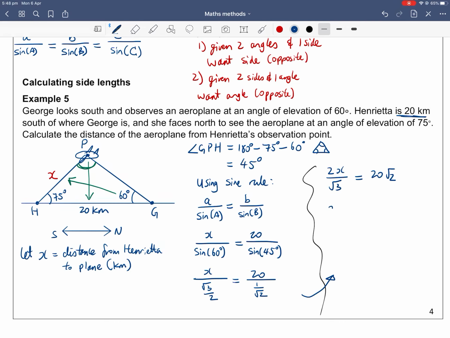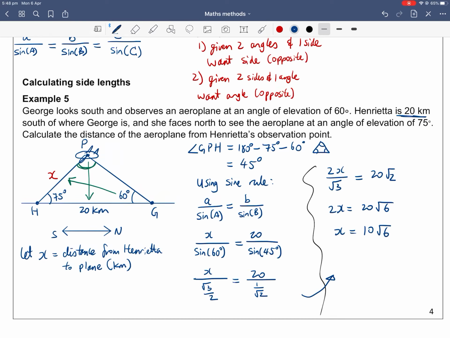We're trying to solve for x, so let's rearrange. So 2x is 20 root 6, because root 2 times root 3 is root 6. And so x is half of that, which is 10 root 6. Check, can we simplify root 6? No, that's all we've got.